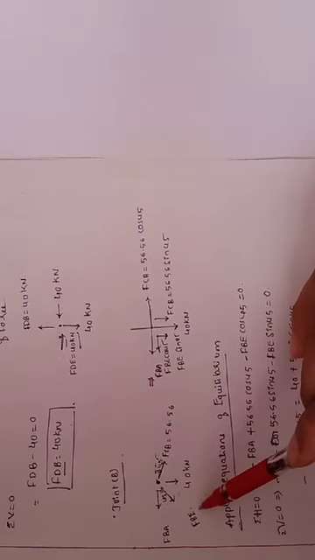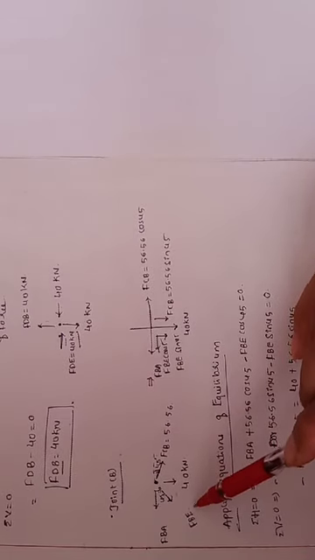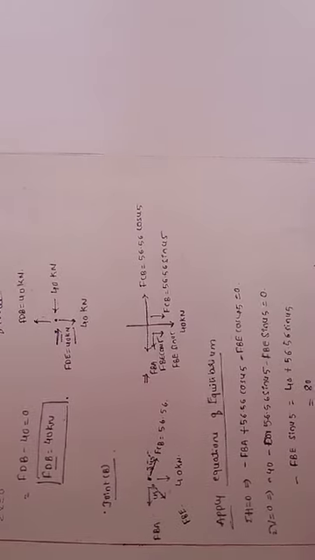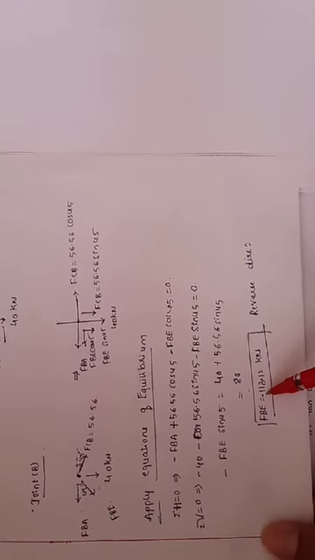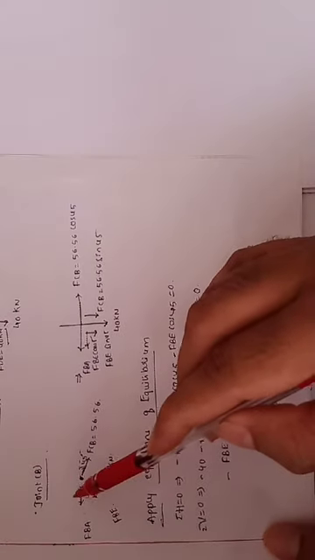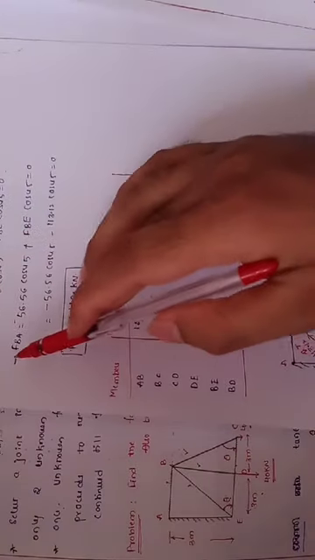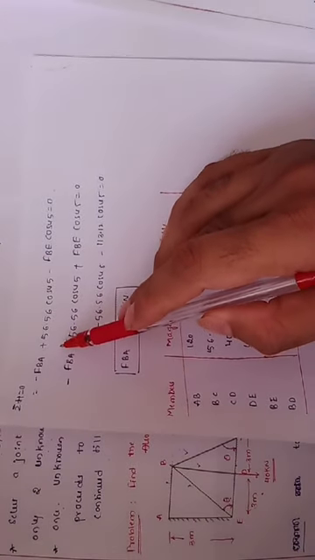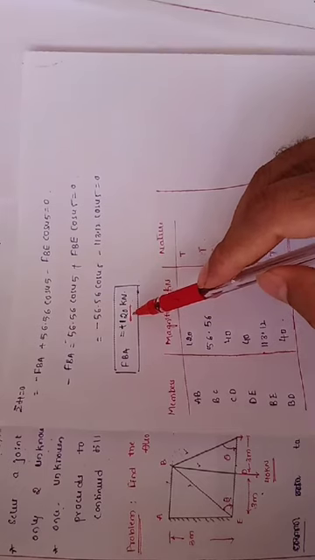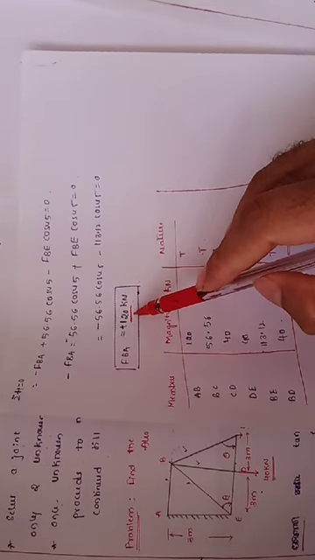So here FBE you are getting minus 113.12. So here in FBE I have assumed it is away from the joint, so I got a negative value. Reverse the direction, instead of in this direction you are supposed to reverse this direction, so that it is moving towards the joint. And again the next one we have here, substitute in summation of H equal to 0. So FBA I got 120 kilonewton.